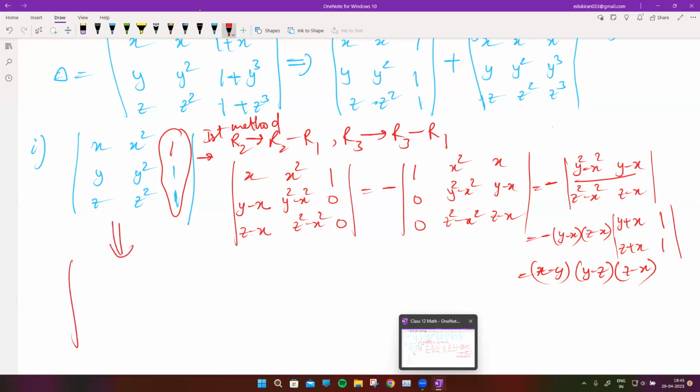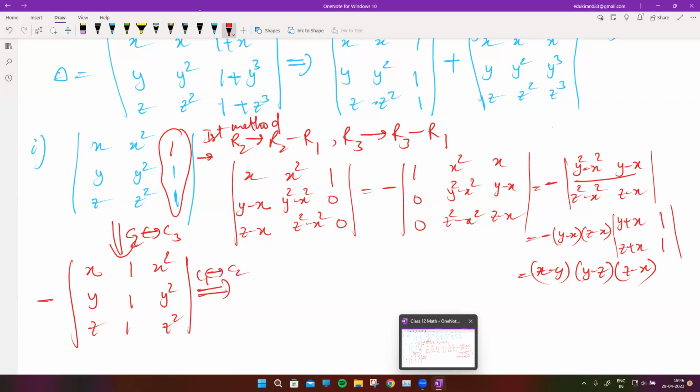So I am changing these two columns first. If I'm interchanging C2 and C3, this is the sign of interchanging, right? So I'm interchanging C2 and C3, so I'll have to put a negative. Then I'm again interchanging C1 and C2.